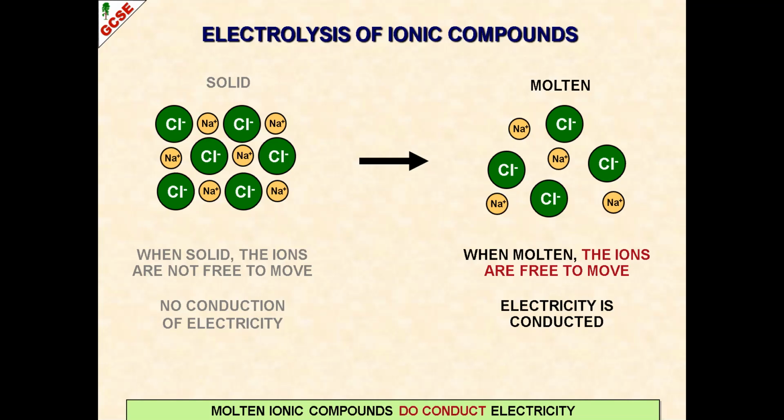The difference between electrolytic conductors and electrical conductors is also very important to note. Electrical conductors conduct electricity by the flow of electrons, but electrolytic conductors conduct electricity by the movement of ions across the electrolyte.